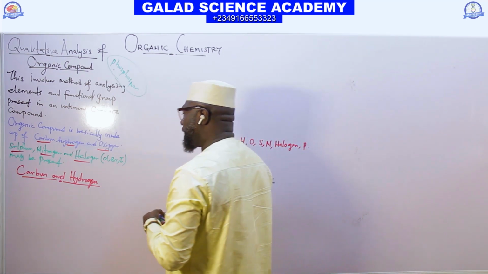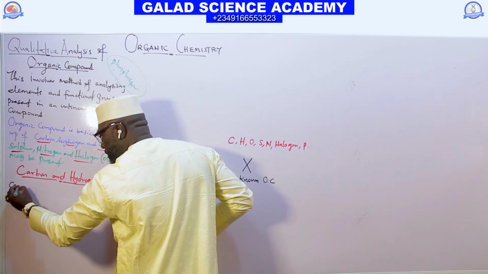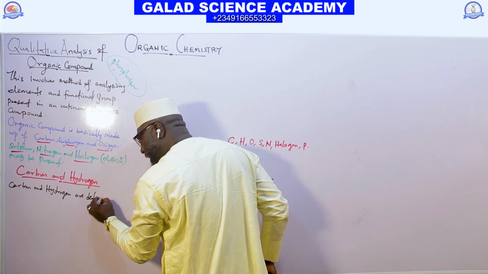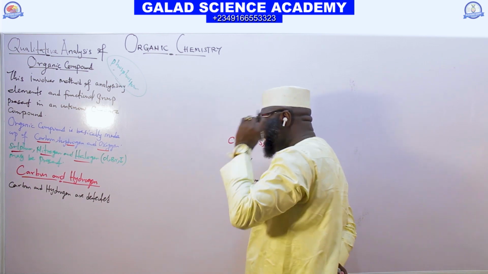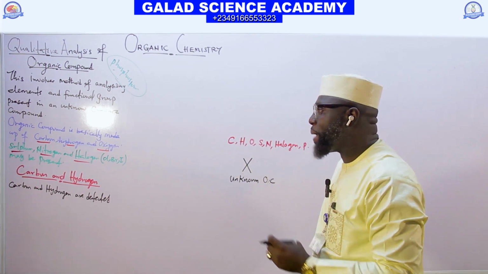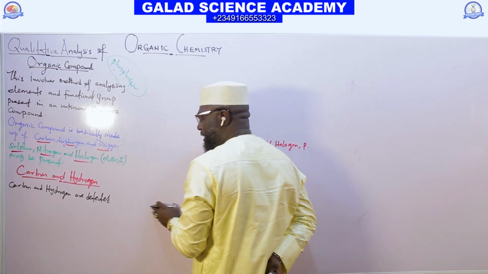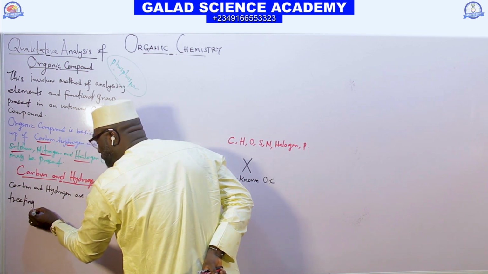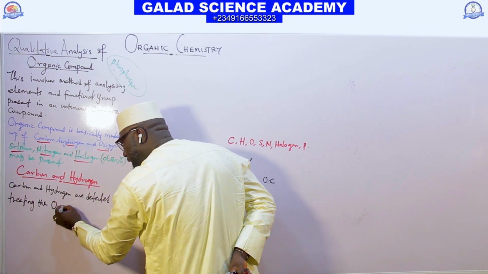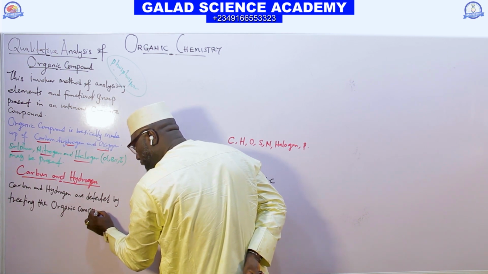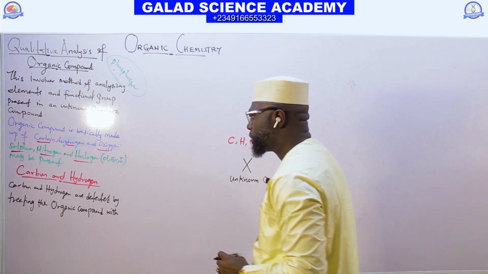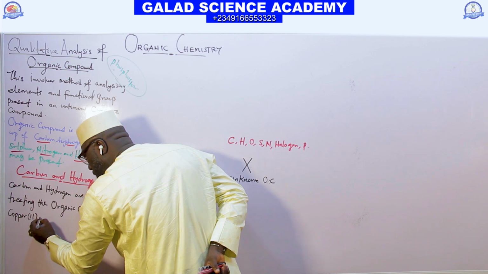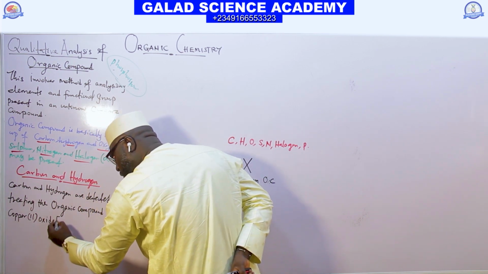So can I say carbon and hydrogen are detected in an organic compound by treating the organic compound with copper 2 oxide, which is known as CuO.